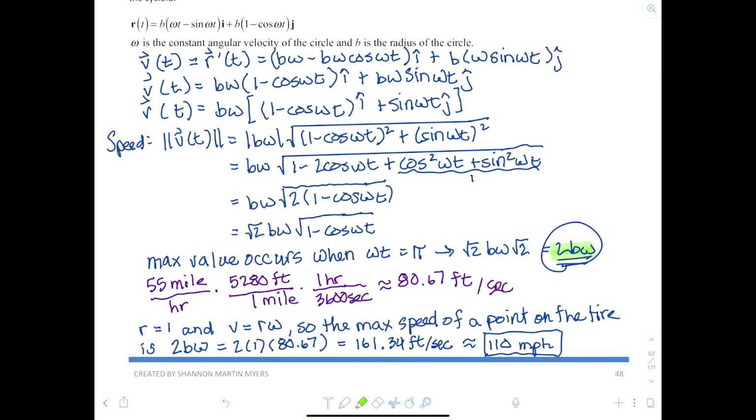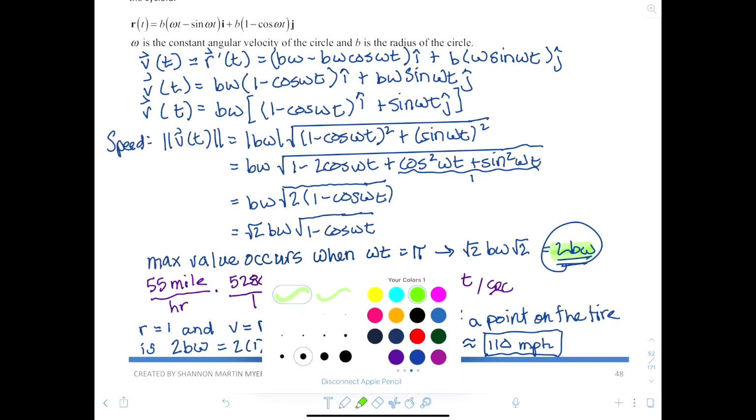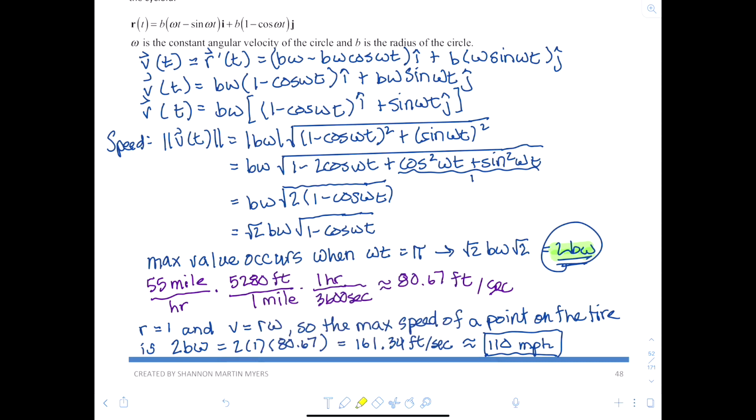So velocity is r omega, right? This part right here. Double the velocity, since b is equal to r, is going to be the max speed of a point on the tire. Okay? And that's what we got for our result.